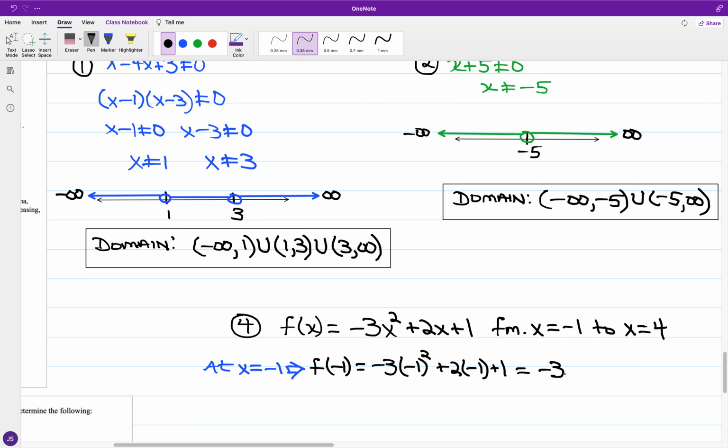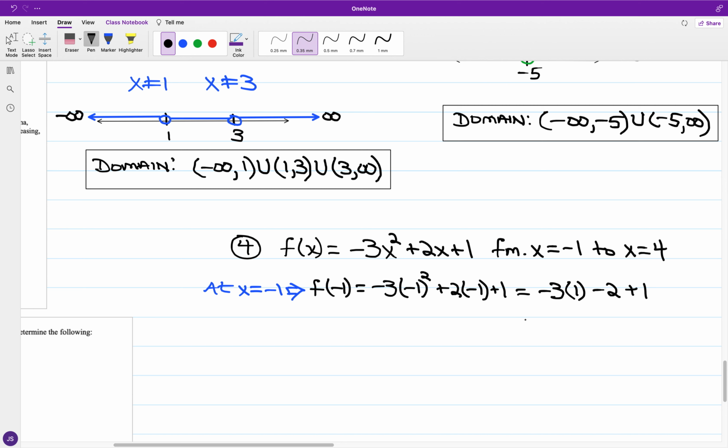The square of negative 1 is positive 1, so negative 3, and 2 times negative 1 is negative 2, followed by the addition of 1. Negative 3 minus 2 is negative 5, and negative 5 plus 1 is negative 4.